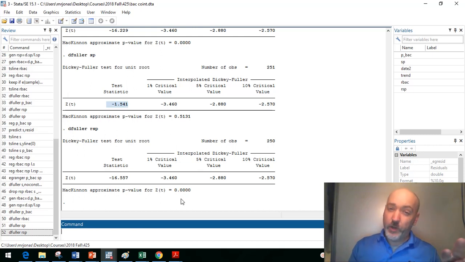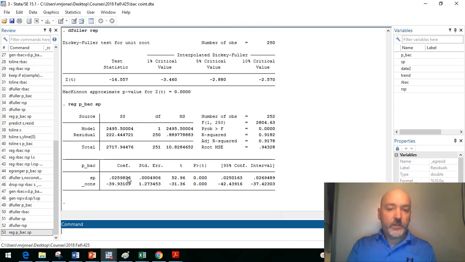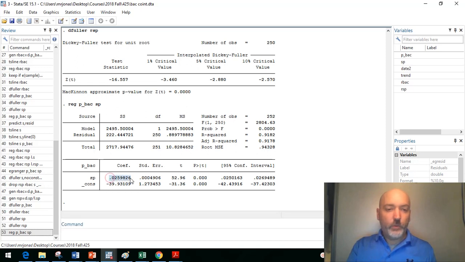Now, step number 2, we estimate just a super simple linear relationship with the regress command. We regress our price level, the price_BAC, as a function of the level of the S&P. And this estimated coefficient here is what we would call our co-integrating parameter.